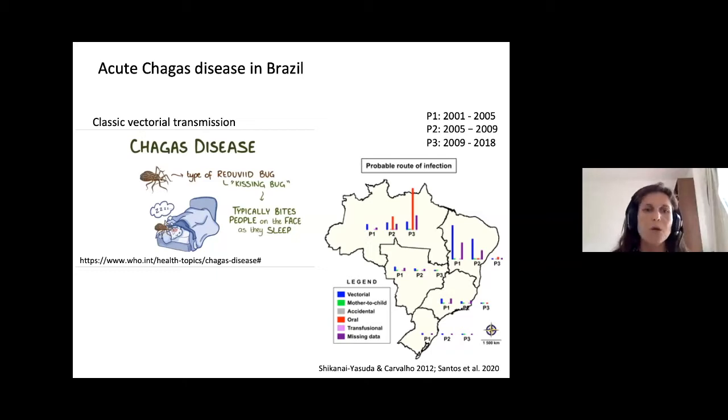But recently, we have been observing a transition in the epidemiology of Chagas, which is now mainly transmitted by oral infection. You can see here this trend in the map, where 3 different time periods are shown, the P1, the P2, and the P3, with the years shown there. And it's very clear the great increase in the oral transmission, the red bars, and particularly this is happening in the Amazon region.